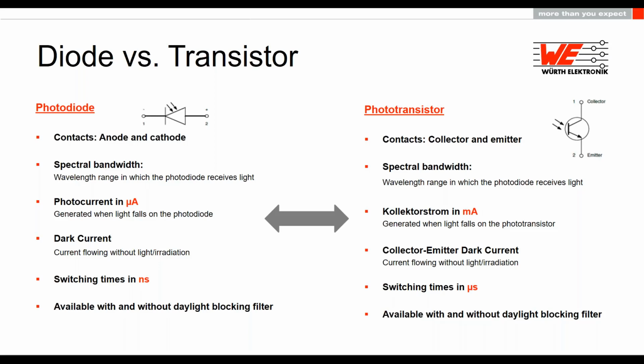So this is the main difference when we decide what type of detector I need to use with my light. Do I need something fast, and I have a very low signal to noise ratio, or I need a transistor that will improve my signal to noise ratio and sensitivity, and for example, I don't need a very good reaction time, or a reaction time in microseconds will still work for me.